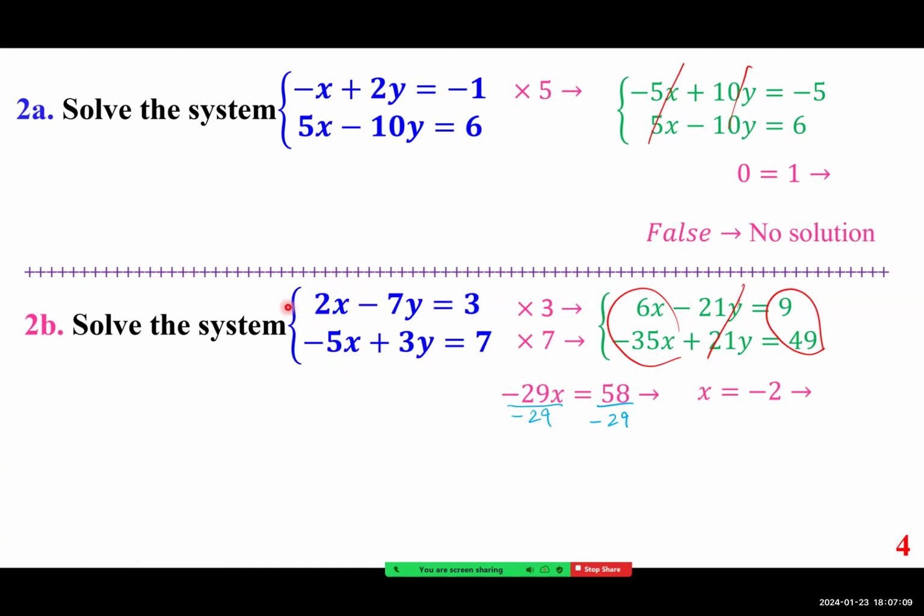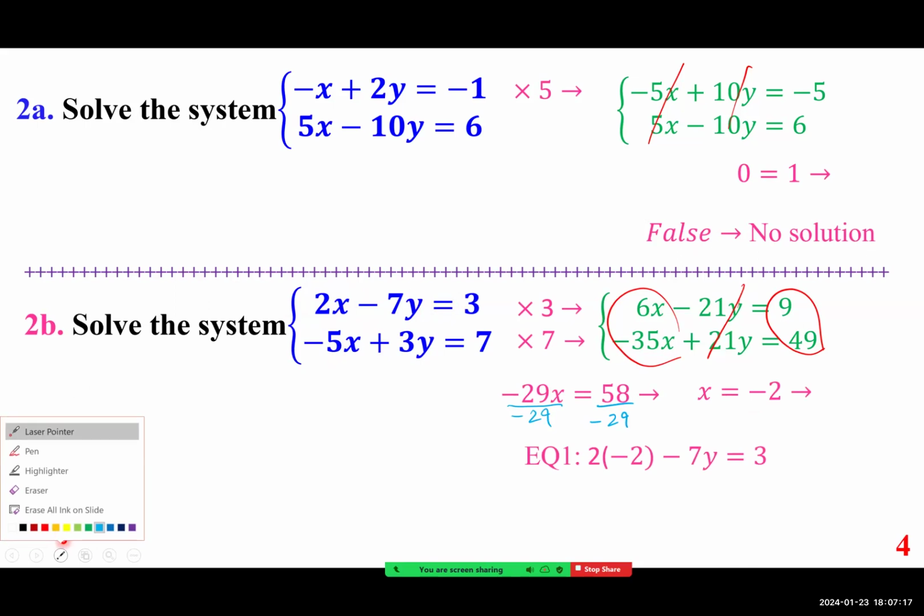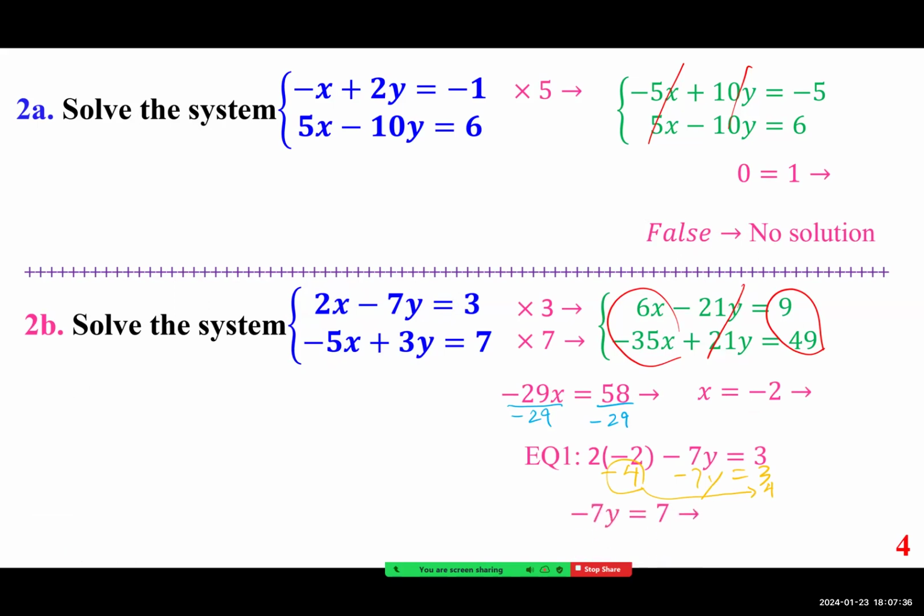For example, if we use equation 1 and replace the x with negative 2, we get minus 4 minus 7y equals 3. This changes sign, becomes 7. Division by negative 7 results in negative 1. So x is negative 2, y is negative 1.